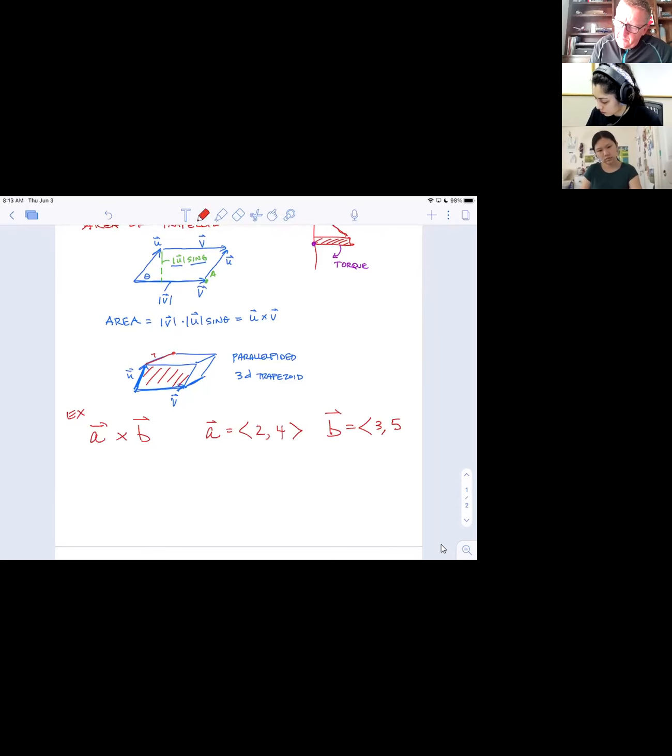But again, I want to do this in the context of torque. So let's just stare at this for a second, but I'm going to draw this a little bit differently than I did yesterday. If I draw this as our X direction and this as our Y direction, I hope this is long enough. And we say, okay, vector A, this is going to be our distance, and this is going to be our force.